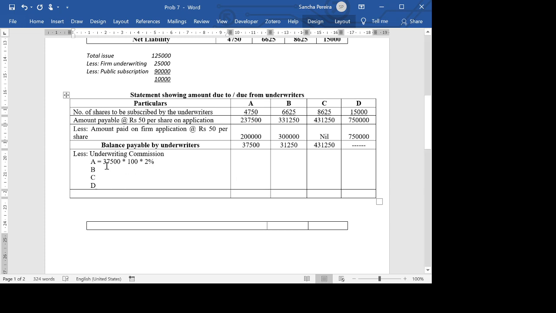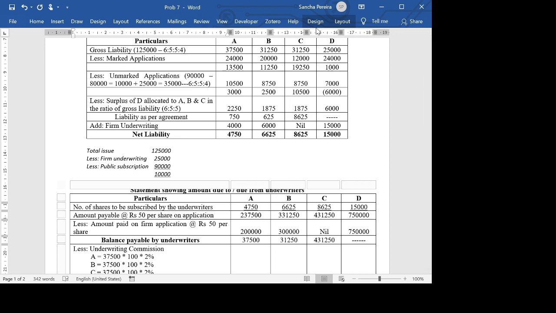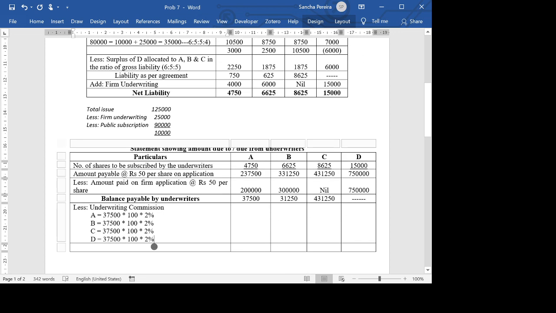Okay, then for B and C, I just have to change the gross liability. So here for B, it will be 31,250, C also 31,250, and D it is 25,000.